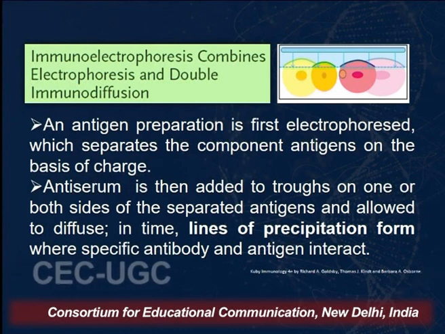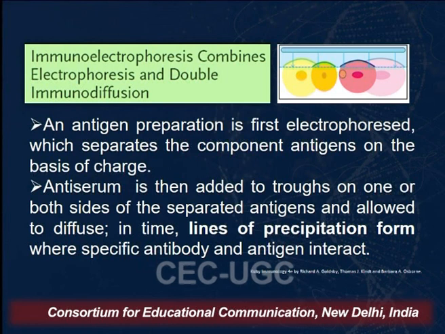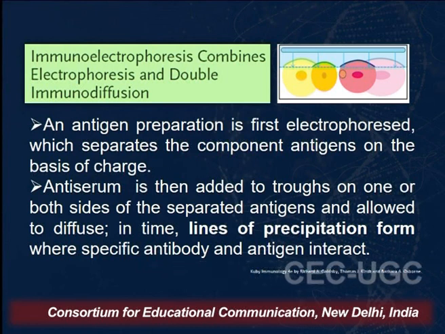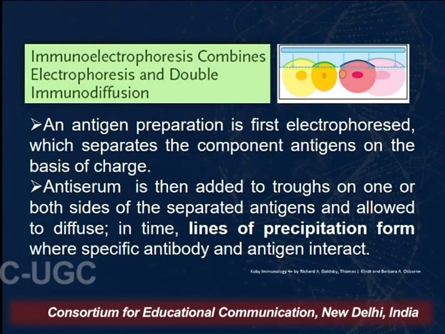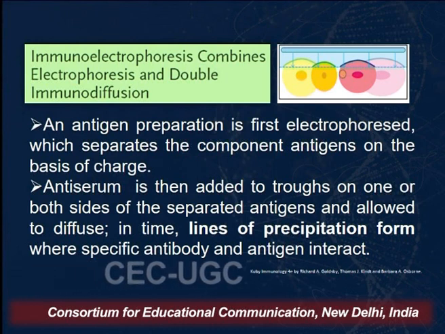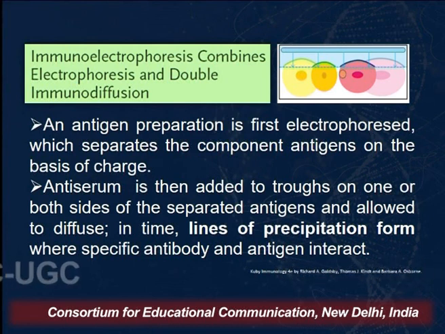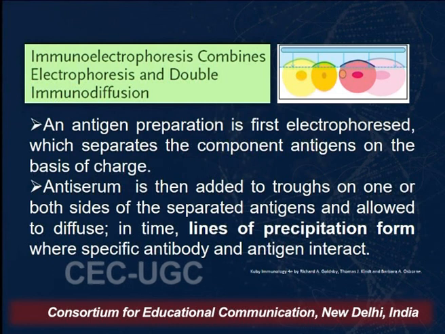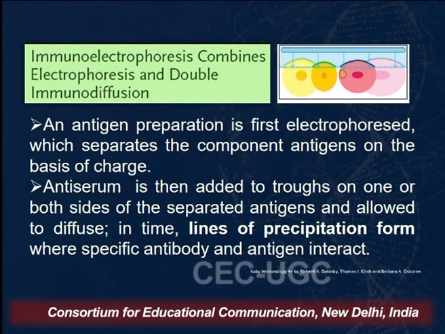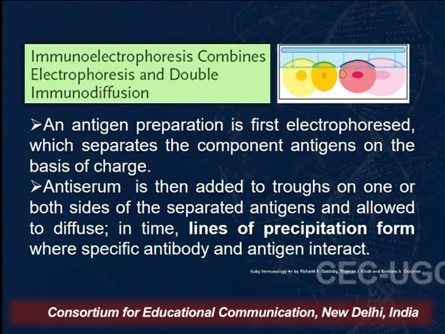These antigen-antibody interaction patterns were further utilized for the development of the immunoelectrophoresis assay, which combines electrophoresis along with the double immunodiffusion method. In this process, the antigen preparation is first electrophoresed.